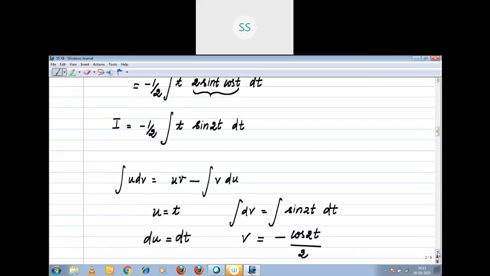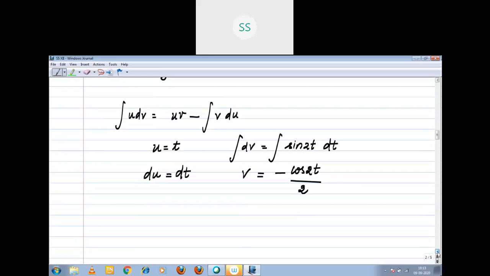Now I'm going to move to the format. I equal to, already 1 by 2 is there, minus 1 by 2 into uv, minus cos 2t divided by 2 into t. Then minus into minus plus.